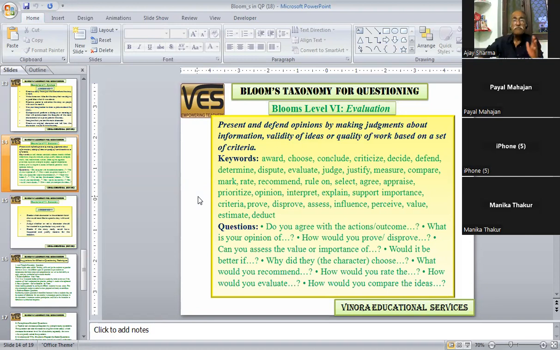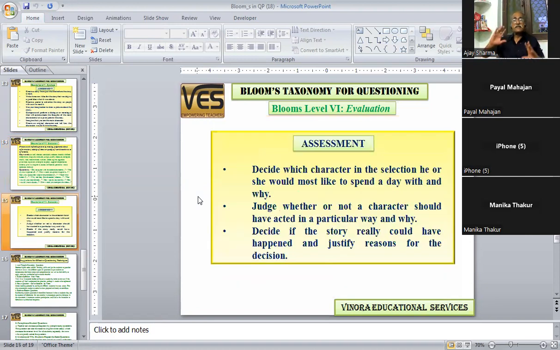Then you come up with the last slide, that is assessment. Which part of Bajrangi Bhaijaan you like the most? And if given a chance, with whom you would like to spend a day and why?